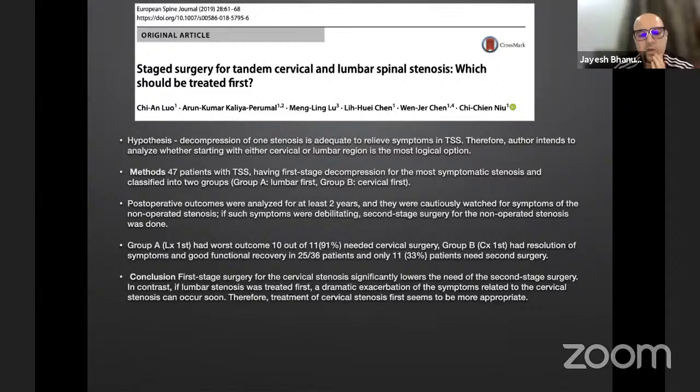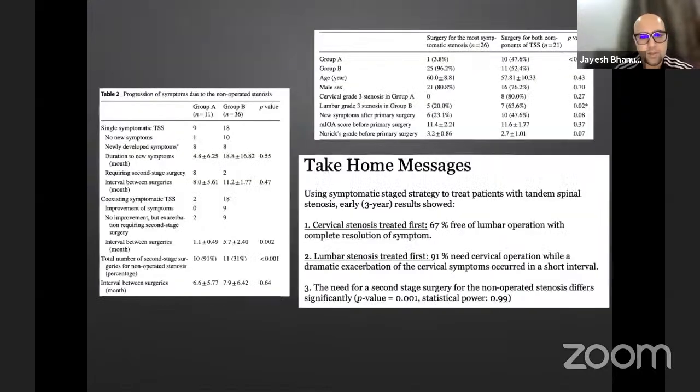So in conclusion, the author states that first stage surgery for cervical stenosis significantly lowers the need for second stage lumbar surgery, which is 33%. And so hence, if at all decided to stage, do the cervical stenosis first.